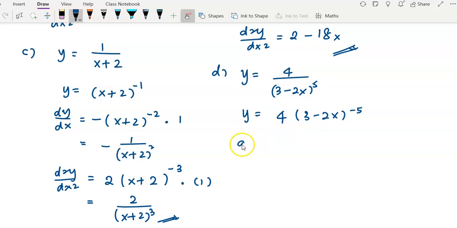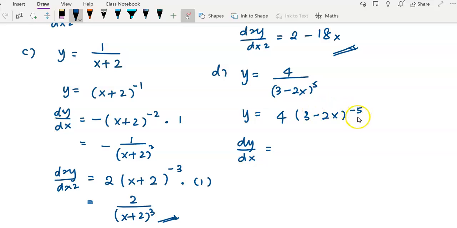So here, again, I apply the chain rule. Applying the chain rule means you fix 3 minus 2x as your inner function, and my outer function is 4 times u to the power of negative 5. So close this up, just ignore this. I'm going to differentiate 4 times something to the power of negative 5.